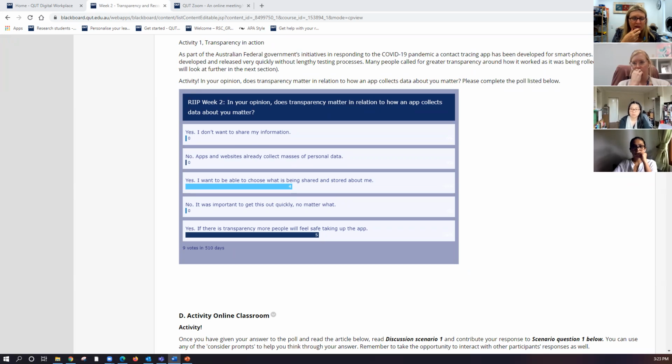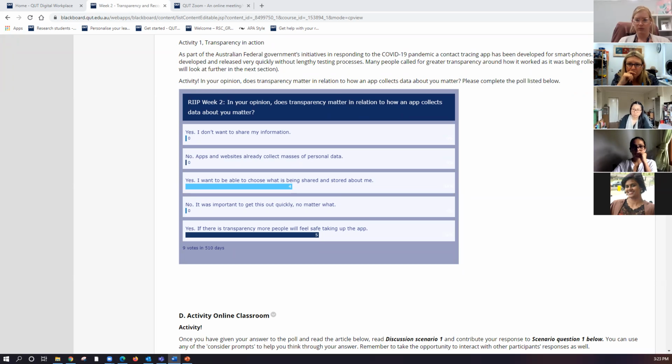And also that was something interesting, that those of you in Fiji, you have the app, is that right? Yes, we have an app. It's a Fiji Care app, and it's based on a similar thing. I think some of you said the Singapore one. It is location based, where if you're a positive, or even if you're not a positive COVID patient, it records where you travel and all the places that you've been, together with some of your personal information as well.